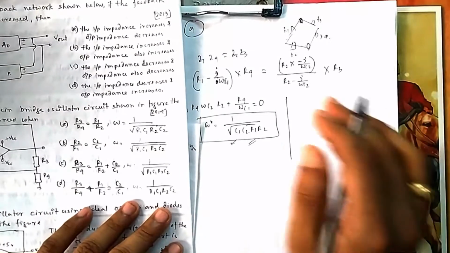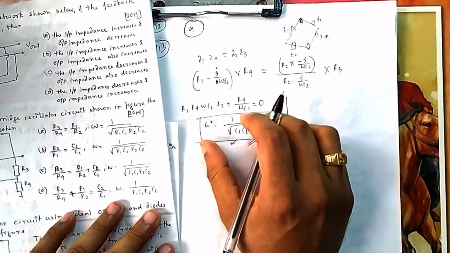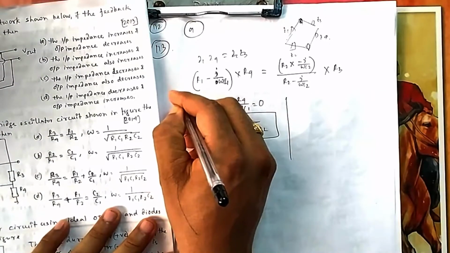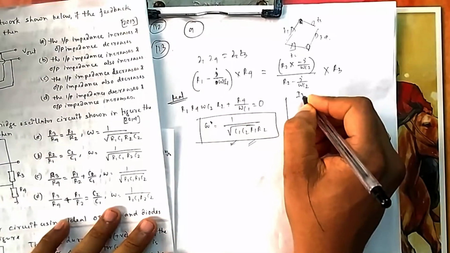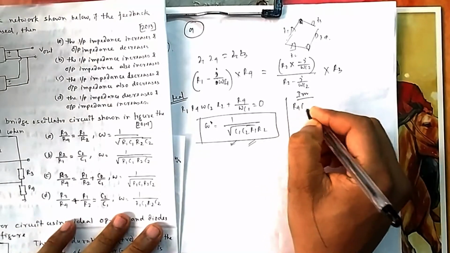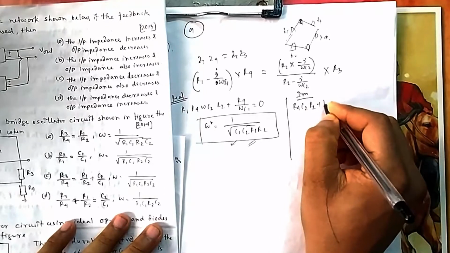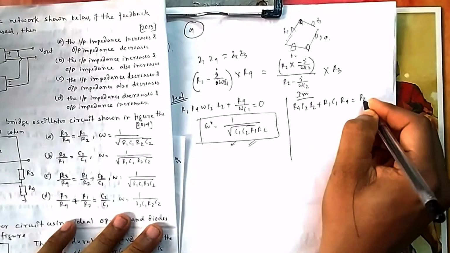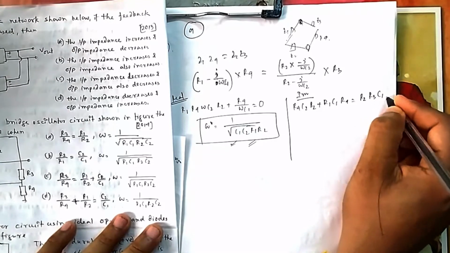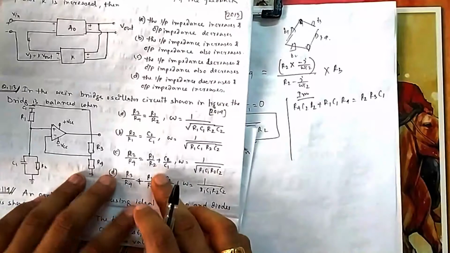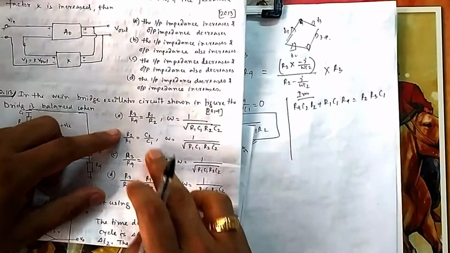So what is next? Next, this is the real part. If you equate the real part from both sides, and equate the imaginary part from both sides, that is the j part, you will find something of this fashion: R4, C2, R2, then R1, C1, R4, then R3, R2, R3, C1. Now if you take the LCM of this, because everything is involved, obviously it will not be this simple.